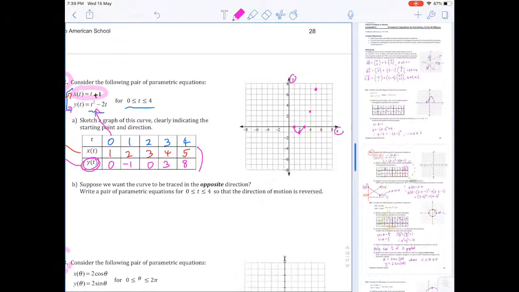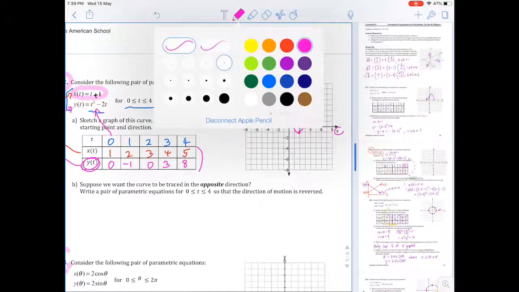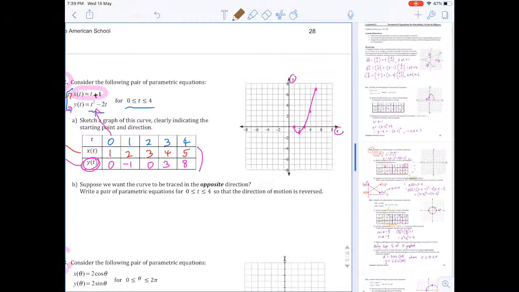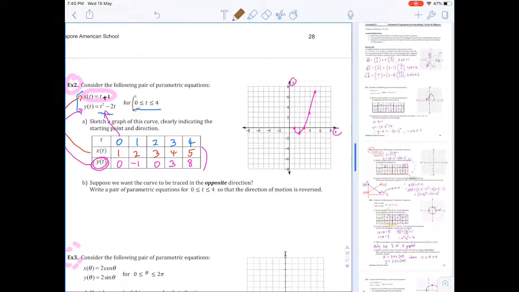Hopefully what you realize is we now have a section of a parabola. We should also be able to make the connection that time is increasing from 0 to 4, and at the start of the domain, at t equals 0, the corresponding x and y values are 1, 0, so that is our starting point: x equals 1, y equals 0.